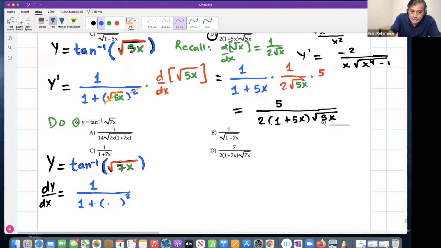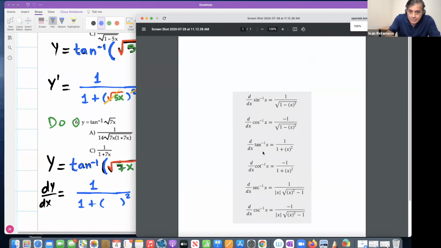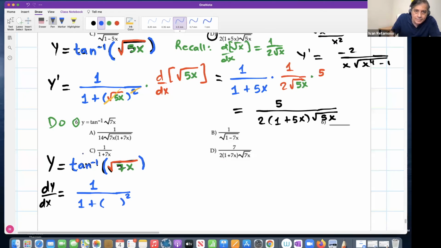I have memorized this derivative, but in case you haven't, the formulas are here in this sheet on our website. Notice there is a parenthesis there because often this will not be x. It will be some other function, like square root of 7x now. So place it there.